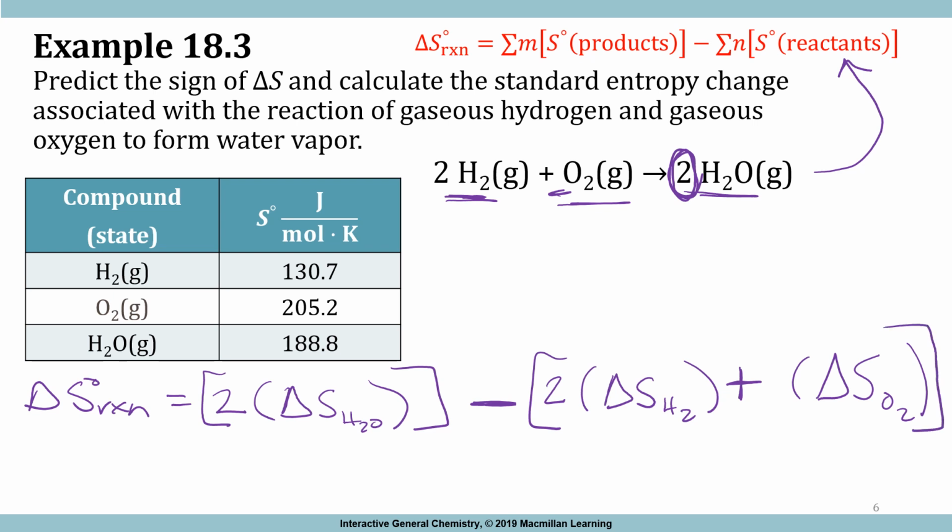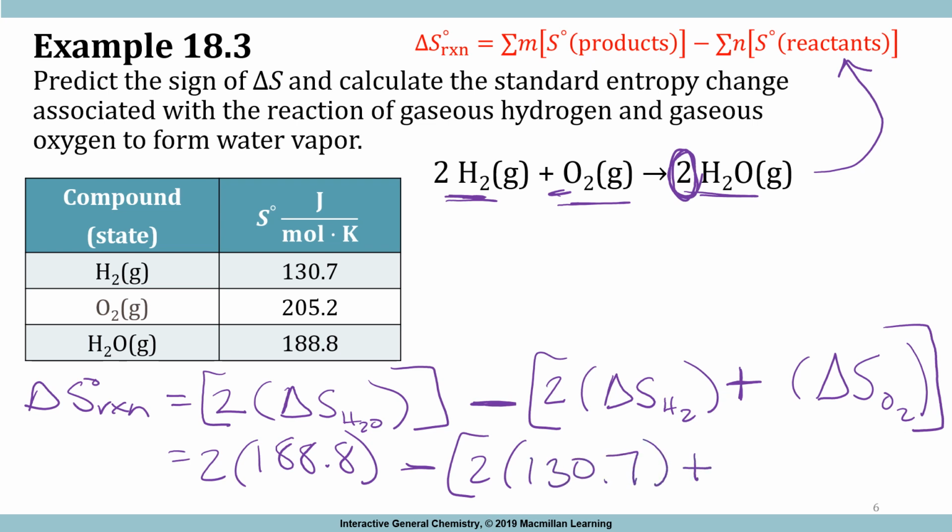This is why it's really important to set this up, because once you have this set up, all you have to do is plug in those numbers. So that's just going to be 2 times 188.8 minus 2 times 130.7 plus 205.2.